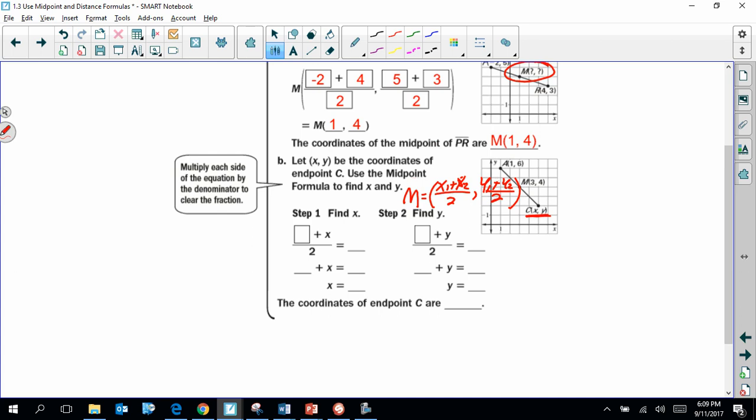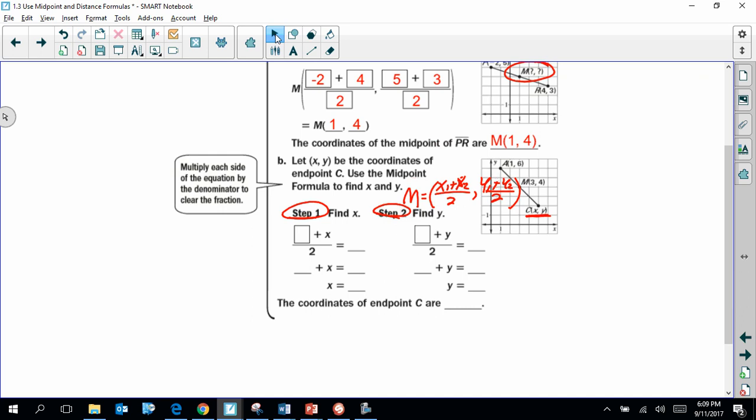What we're going to be doing here is we're not going to work it all together at the same time like we saw in part A. If you notice, we have a step 1 and a step 2 because we're going to have to do the same process to figure out the x-coordinate of the endpoint and the y-coordinate of the endpoint. Substituting the values that we know, we have an x-coordinate for a midpoint and an x-coordinate for an endpoint.